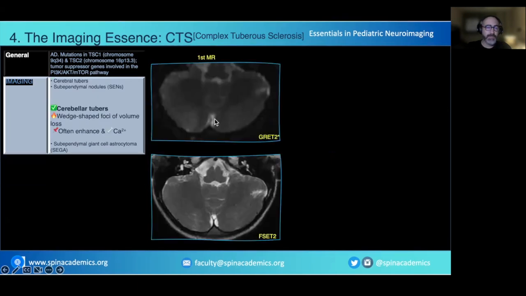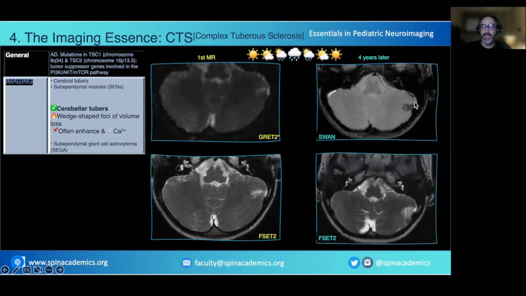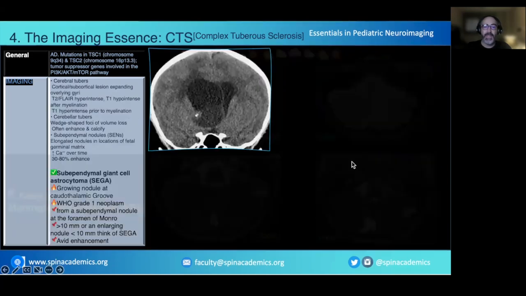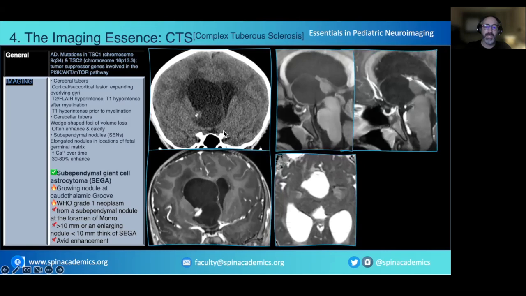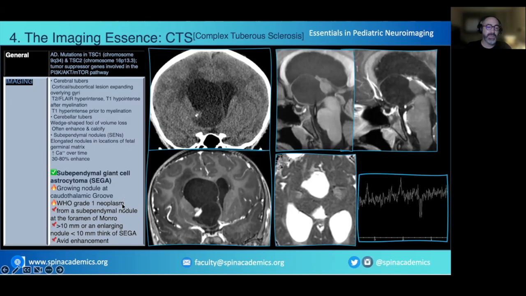That's a tuberous sclerosis presentation. Another lesion of tuberous sclerosis, the cerebellar tubers. Over time, this type of lesions could calcify and are very similar to meningioangiomatosis of NF2. And remember, this type of tumors with peripheral calcifications in the floor of the third ventricle are very, very typical of SEGA, subependymal giant cell astrocytomas, which are grade 1 of the WHO.